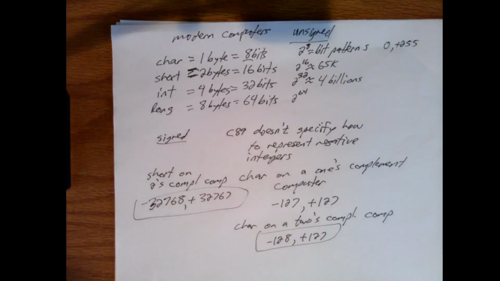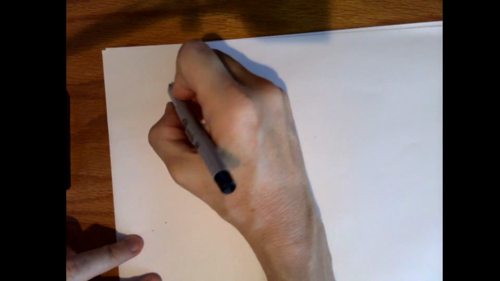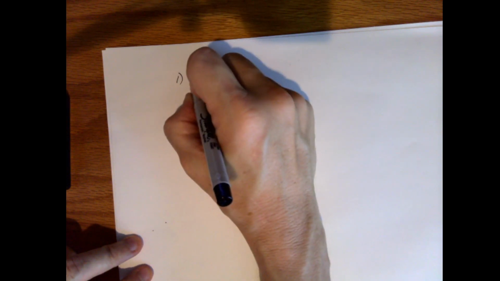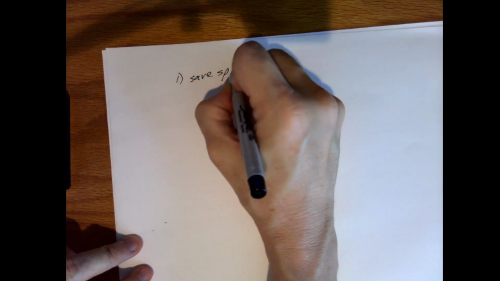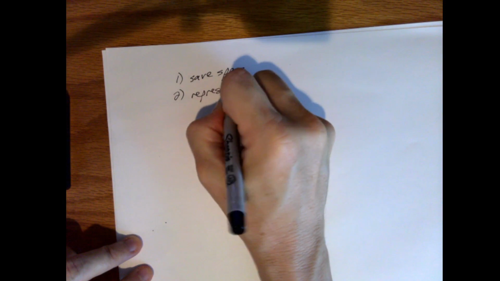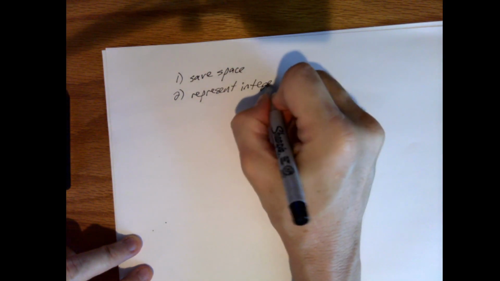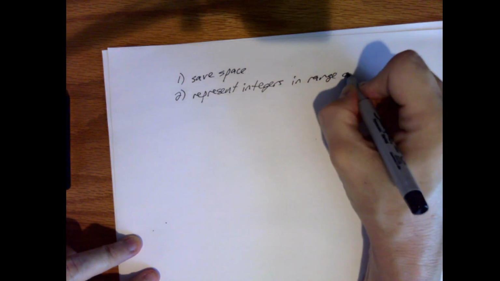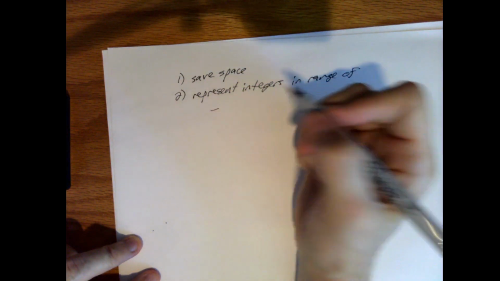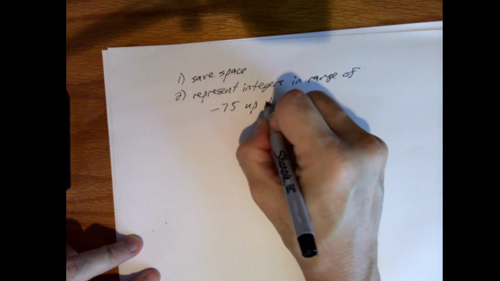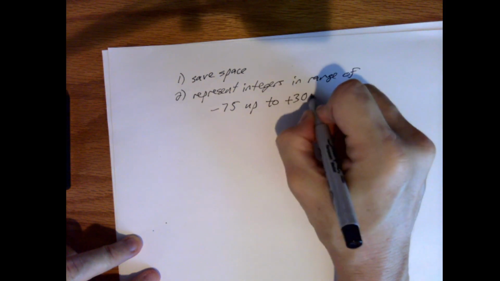So when you're deciding what to do, if you're trying to represent something and you said, for example, I have these requirements. Save space to represent integers in range of minus 75 up to positive 300.